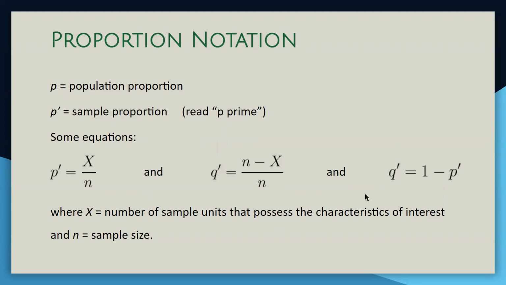So q prime is the complement of p prime. You can calculate it as n minus x divided by n, or just 1 minus p prime. You will very rarely need to worry about q prime, as most of what we're doing, the calculator is going to calculate it in the background based on that p prime or x value that you feed the calculator.